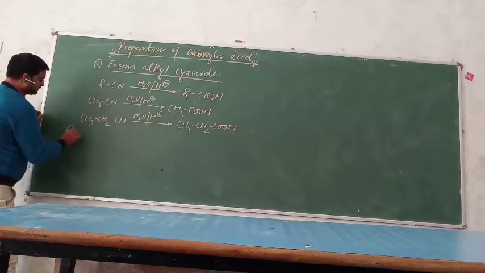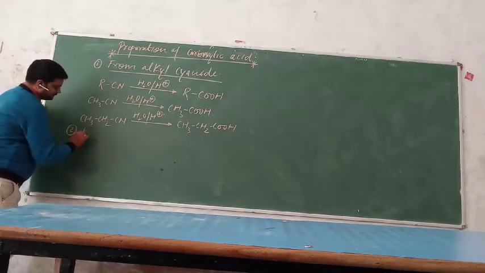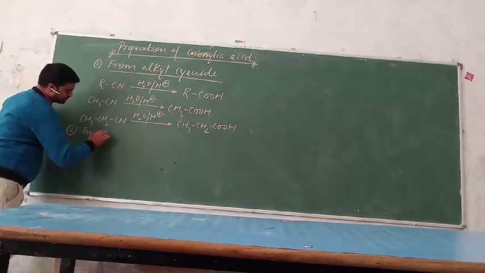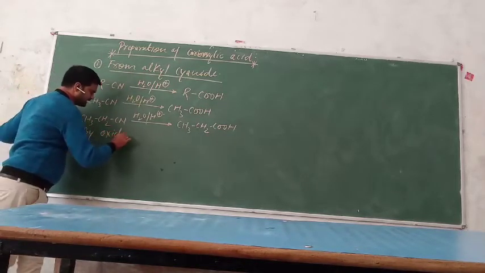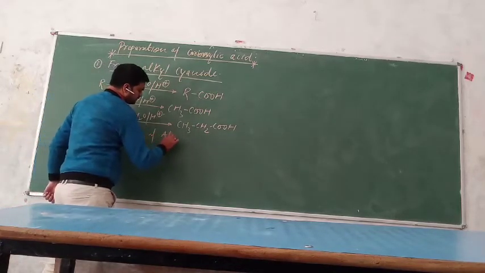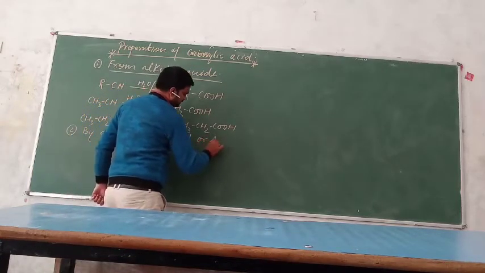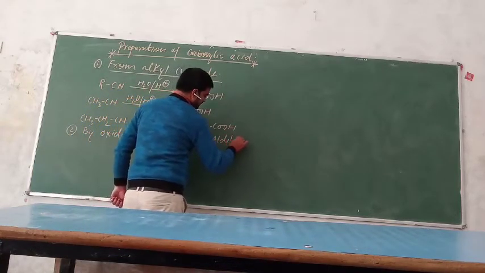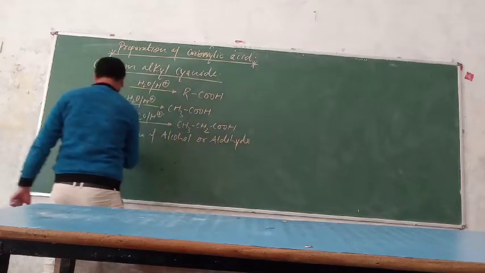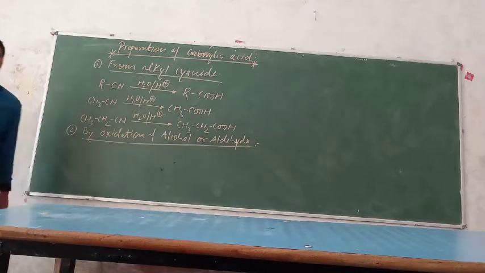Next, the second method: we prepare the carboxylic acid by the oxidation of alcohol or aldehyde. Clear? So you have to use the second method of the preparation.